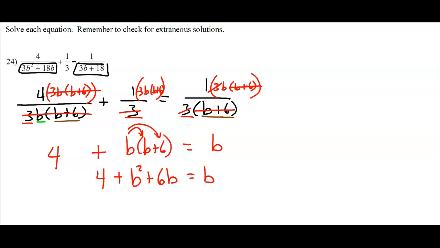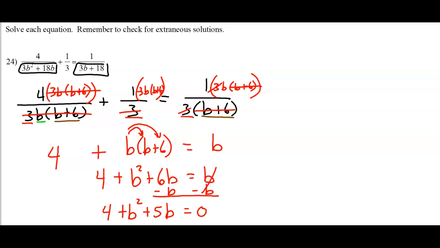All right. So now this is a quadratic equation. When you have a quadratic equation, first of all, you want it to equal 0. So I'm going to subtract b on both sides. Second of all, you want it to be in descending order.